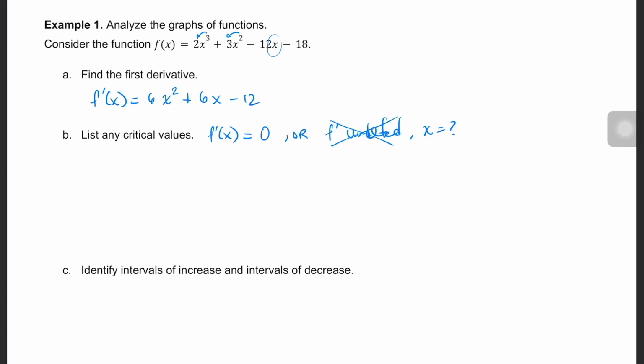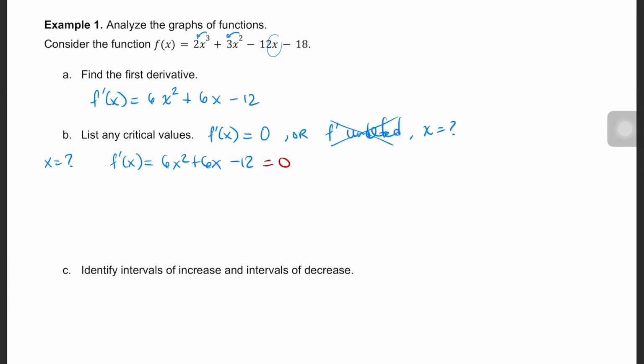So the only case is to find x such that f prime of x is equal to 0, right? Solve for x. All right, so what we're going to do here is focus on the right side of the equality and solve for x.